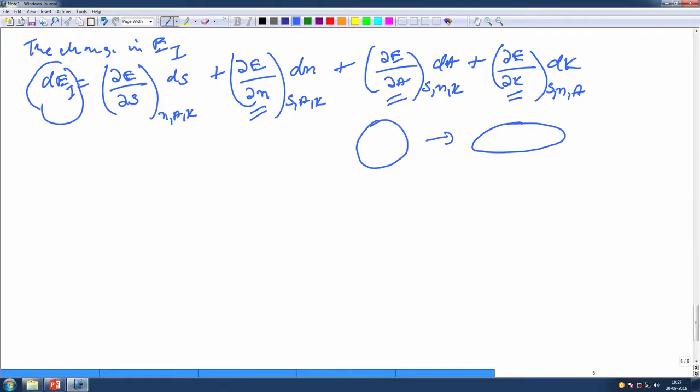You change two things basically. You change the area, this is area A1, this is A2. A2 is obviously greater than A1. Also the curvature changes, here it has got one curvature, here it has got two curvatures essentially. So, both A and K change, even though the number of moles and the entropy may not change in the process.